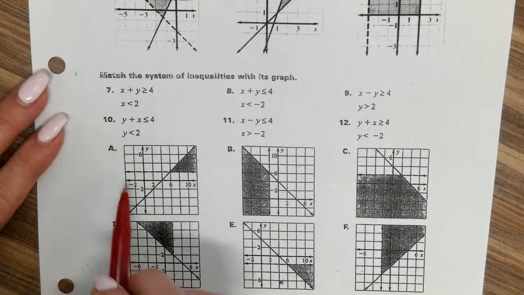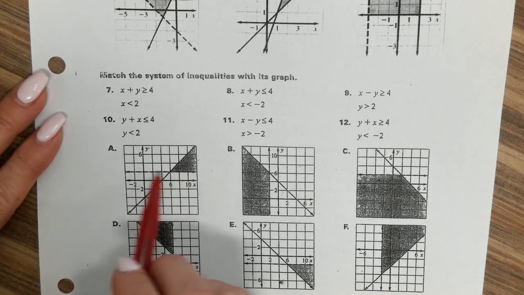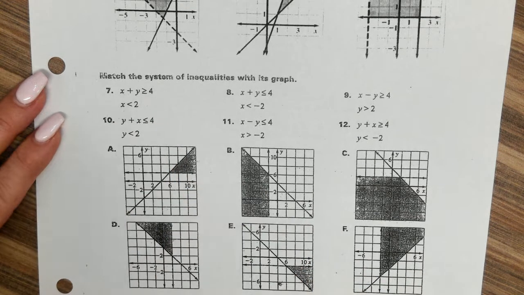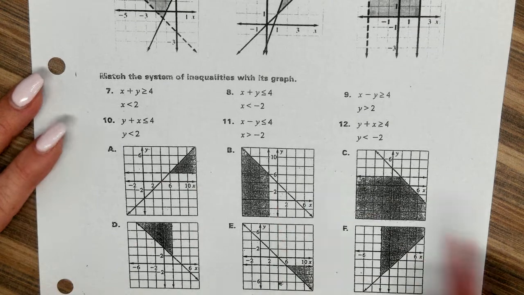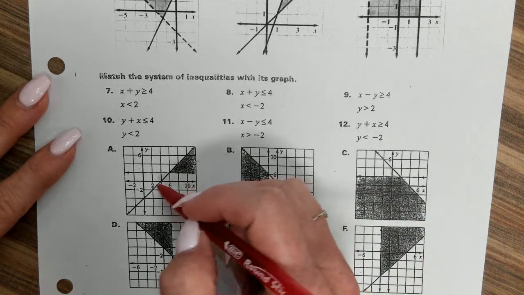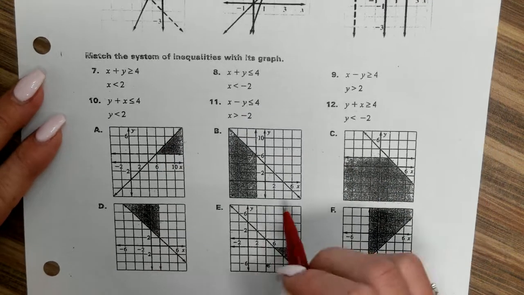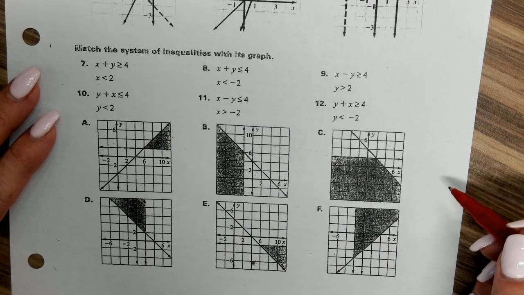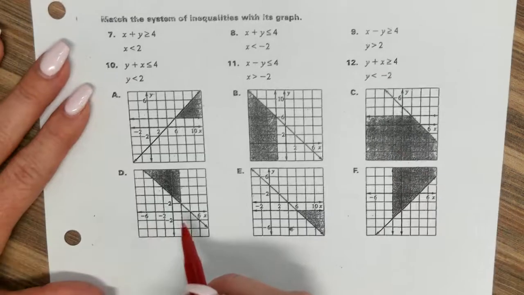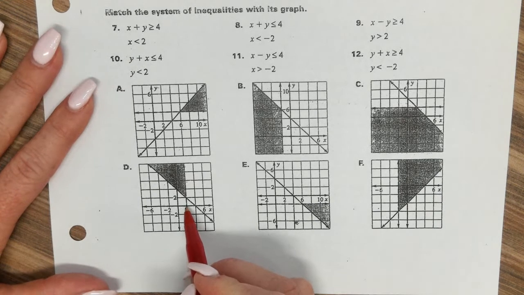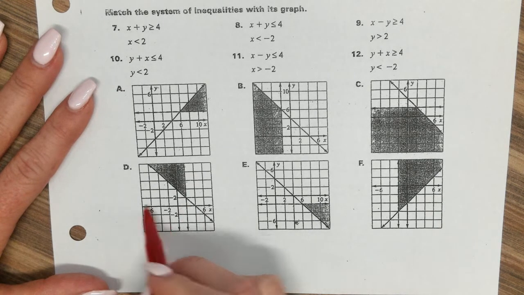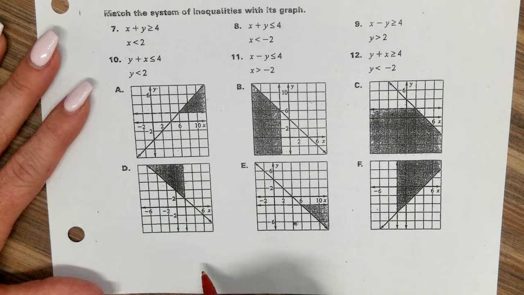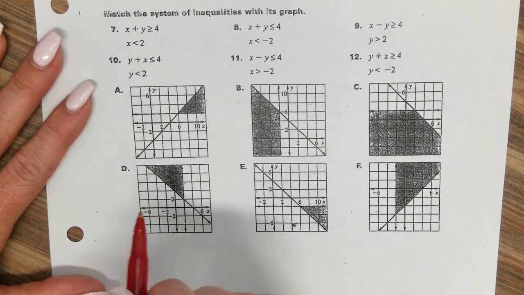I see right here, that's y is 2, but they didn't shade it below, so it's not going to be a. You see what I'm saying? Oh, that's the y. Yeah, thank you. x is less than 2, so that wouldn't even be there. I would go look for x is less than 2, which is right here. See how it's shaded to the left from the 2 right there? So number 7, it could be D.